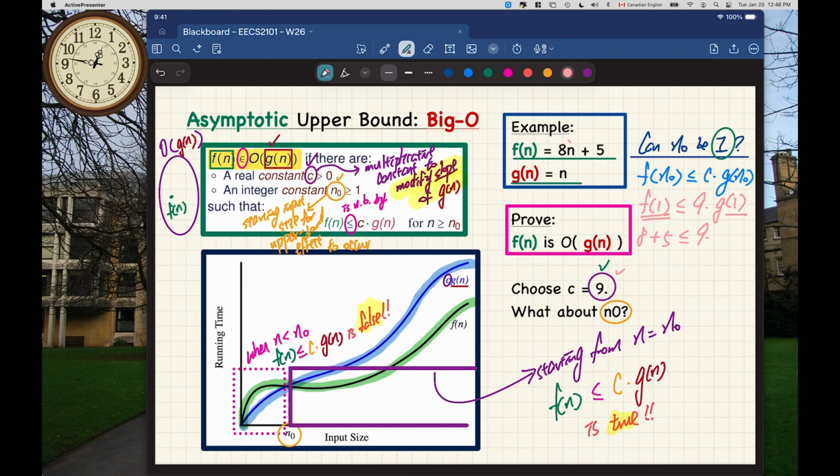F of 1 is 8 plus 5, less than or equal to 9 times 1. So we are asking: is 13 less than or equal to 9? Is that the case? No. So the answer is no, but you have to justify it.